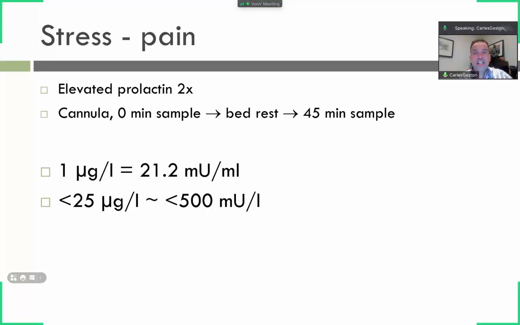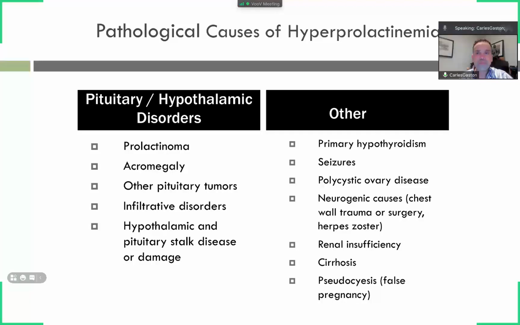Also stress and pain, right? And this produces an elevation of 2 times the normal levels of prolactin. You don't need to know this exact measure unless you do full endocrinology, but all you need to know is that there is an increase in circulating blood prolactin levels. The pathophysiological causes of hyperprolactinemia are pituitary and hypothalamic disorders, prolactinoma, acromegaly, other pituitary tumors, infiltrative disorders, and hypothalamic and pituitary stalk disease.